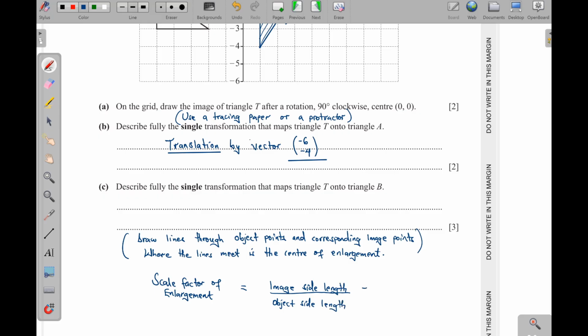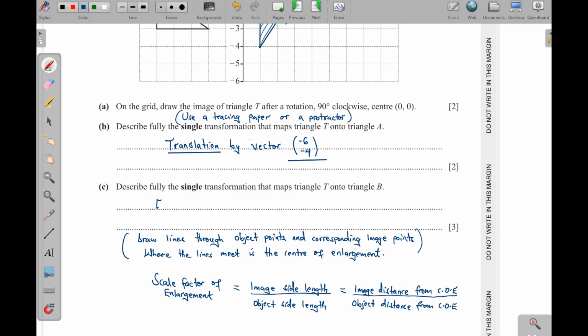Or you get the image distance from the center of enlargement, then divide by the object distance from the center of enlargement.